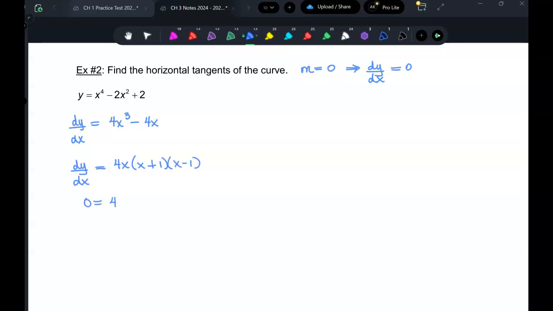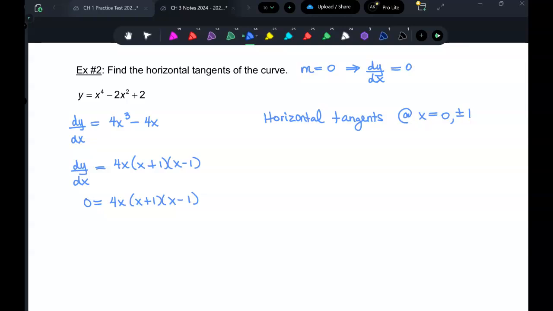Find the horizontal tangents. First of all, this will tell me what my x values will be with my horizontal tangents. So this will have horizontal tangents at plus or minus 1 and 0. Now, what was the question asking for?